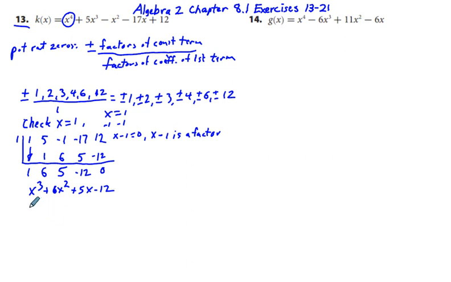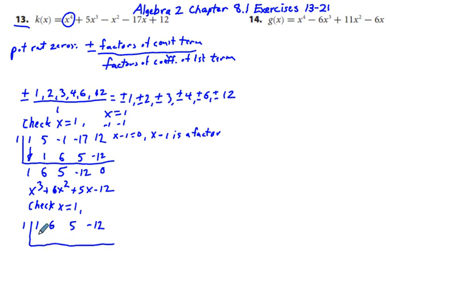And so we're going to check again. We're going to check x equals 1 as a factor. And to do that, we just go through the same process, except we're going to put 1 out here. We're going to put 1x cubed, 6x squared, 5x, and negative 12.